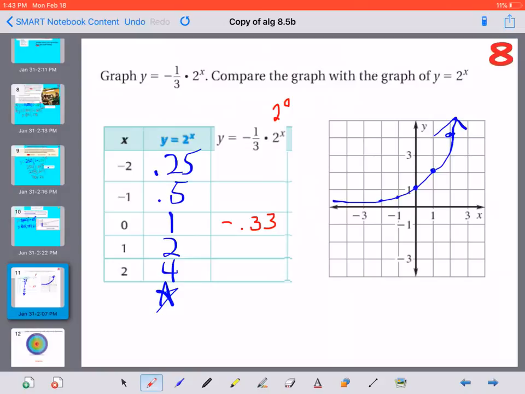If we put in negative 1/3 times 2 to the 1 power, is going to give us a negative 0.66. Negative 1/3 times 2 to the 2nd power gives us a negative 1.33.